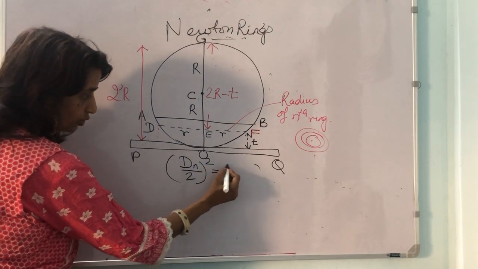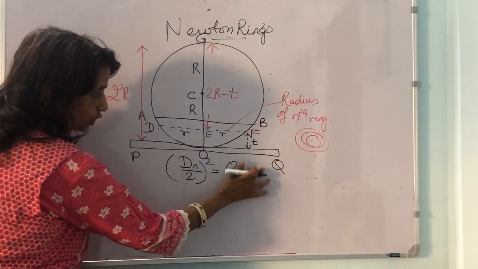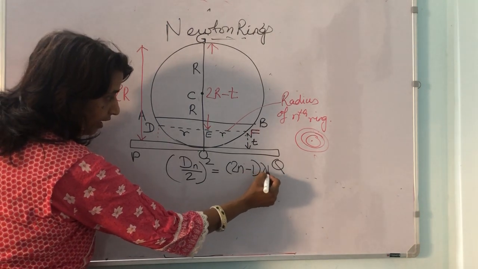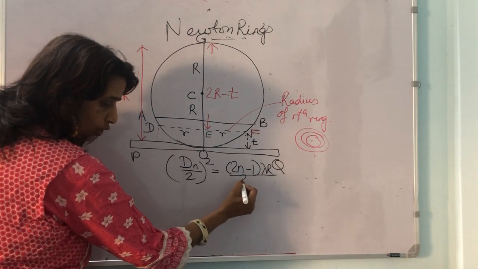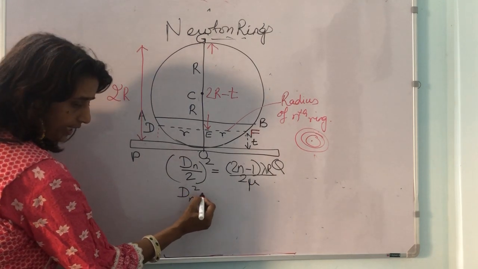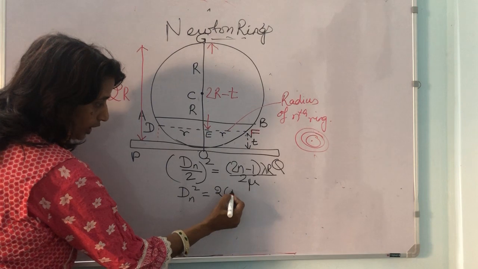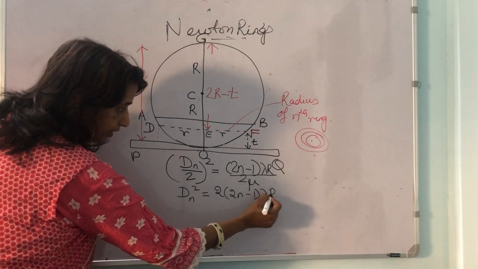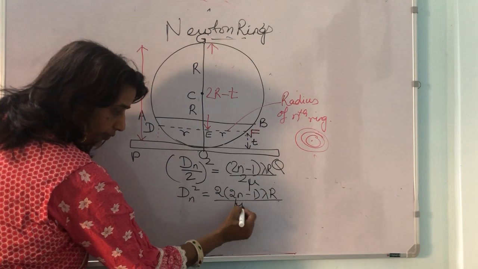So Rn square is equal to (2n minus 1) lambda R upon 2 mu. So dn square is equal to 2 into (2n minus 1) lambda R upon mu.